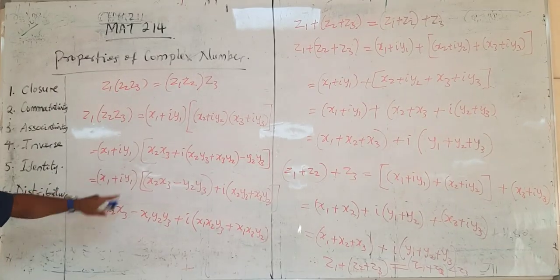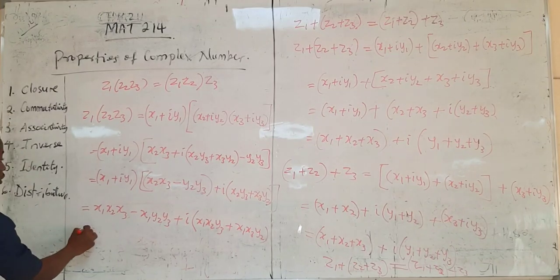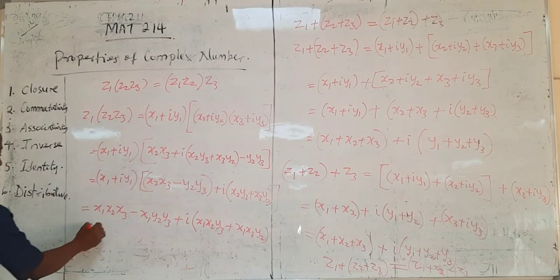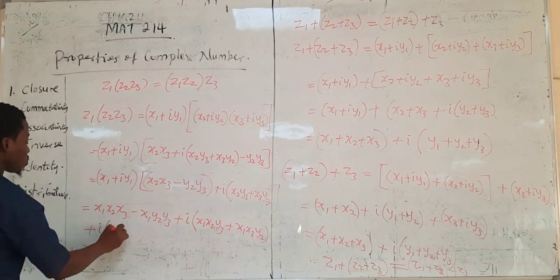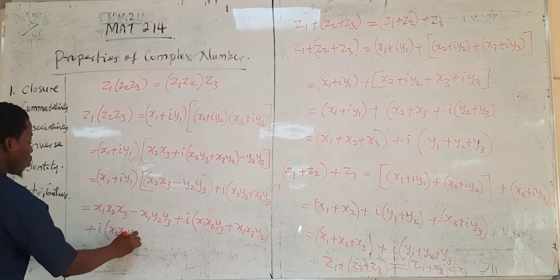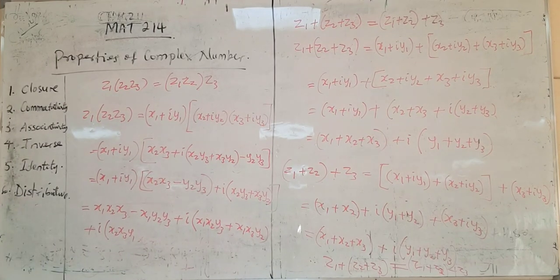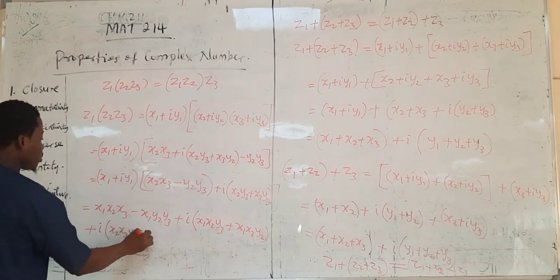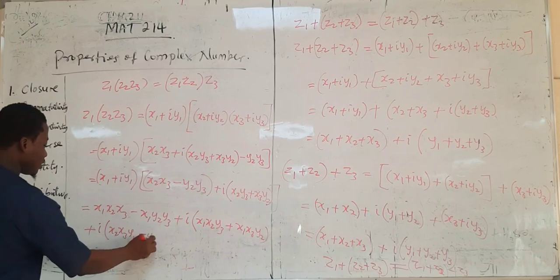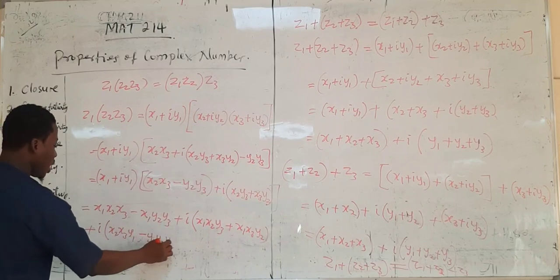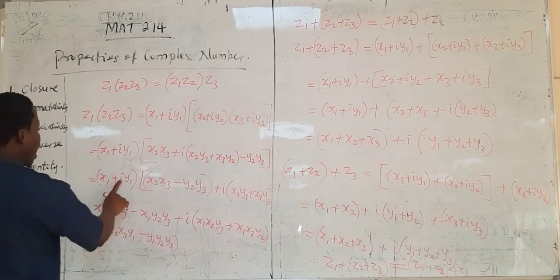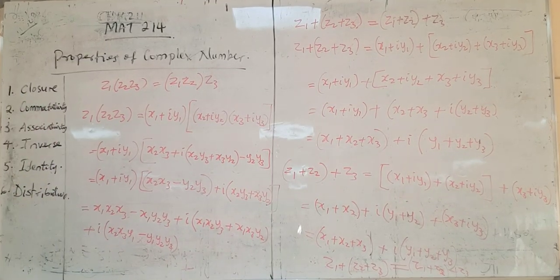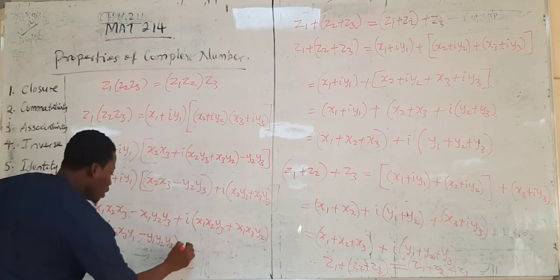Then this: plus i, open brackets, x2, x3, y1 minus y1, y2, y3. i squared is minus 1.